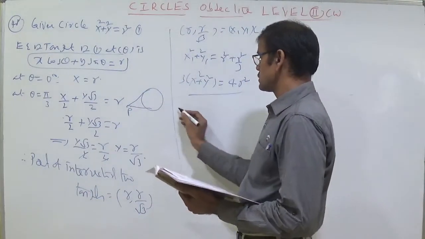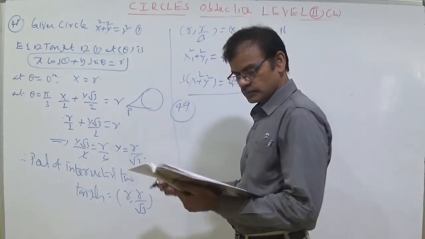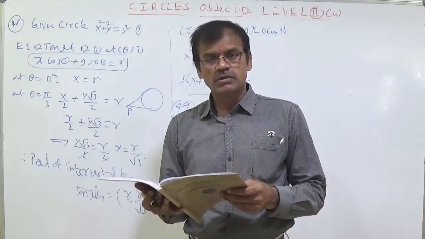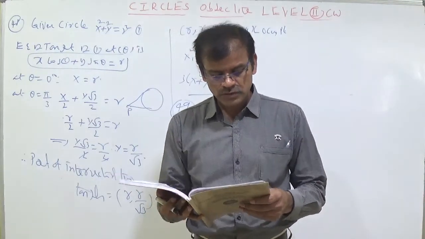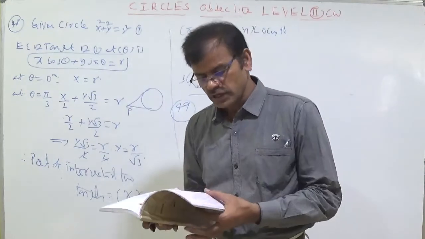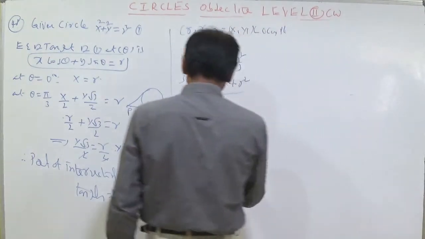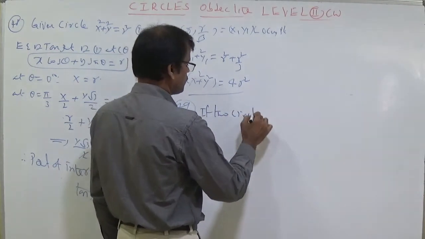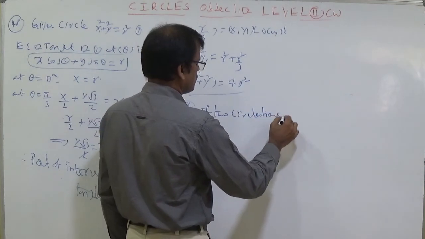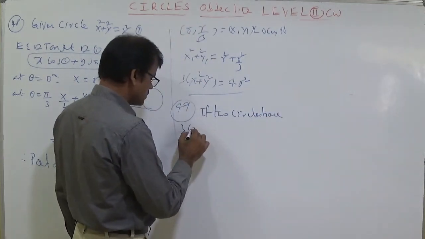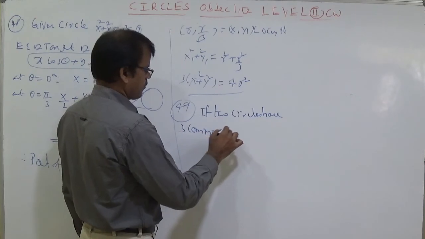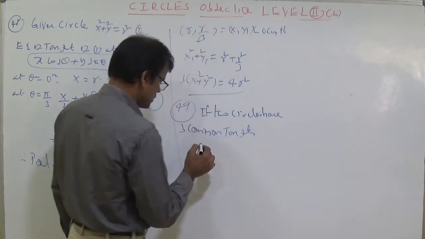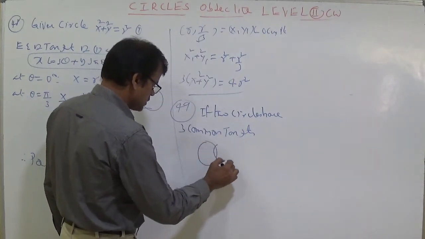Now let us discuss the 49th question. If the circles x square plus y square equal to 2 and x square plus y square minus 4x minus 4y plus lambda equal to 0 have exactly 3 real common tangents, then lambda is equal to? If two circles have 3 common tangents, that means like this.